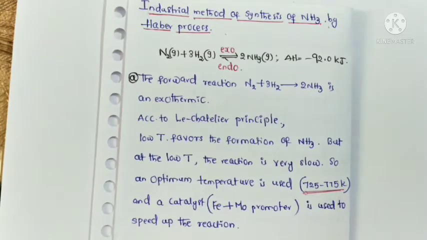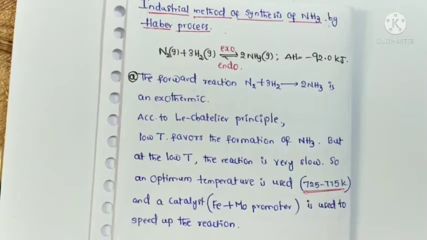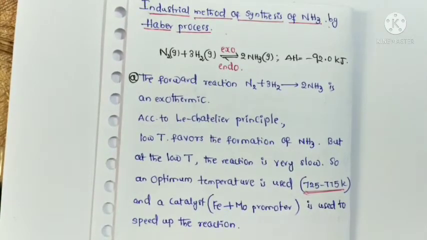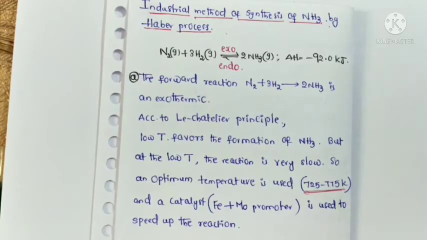But at low temperature the reaction is very, very slow. That's why, by using Le Chatelier's principle, we can determine the optimum conditions, the optimum temperature.